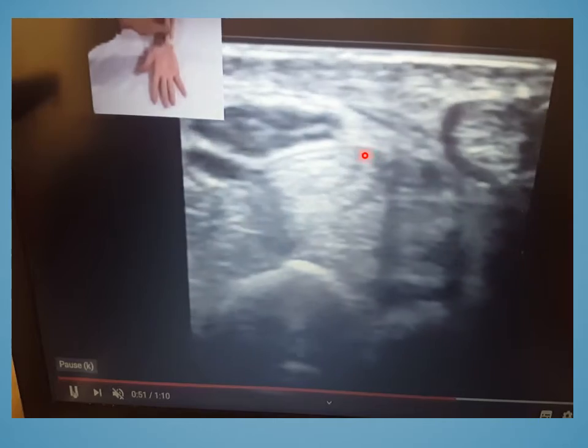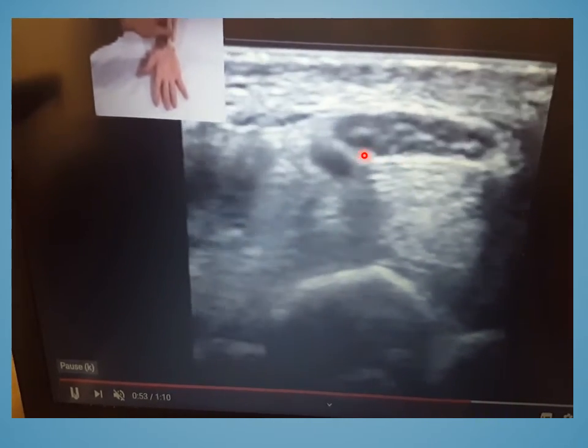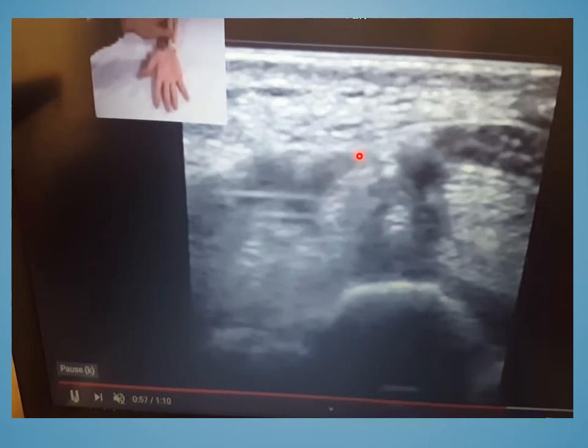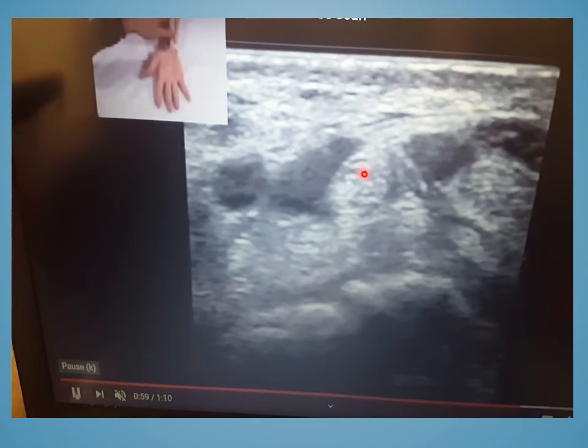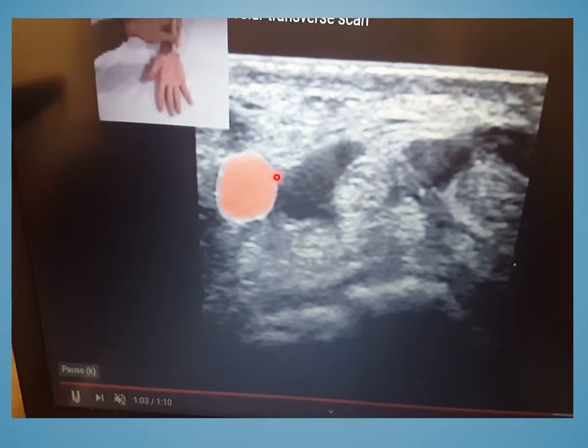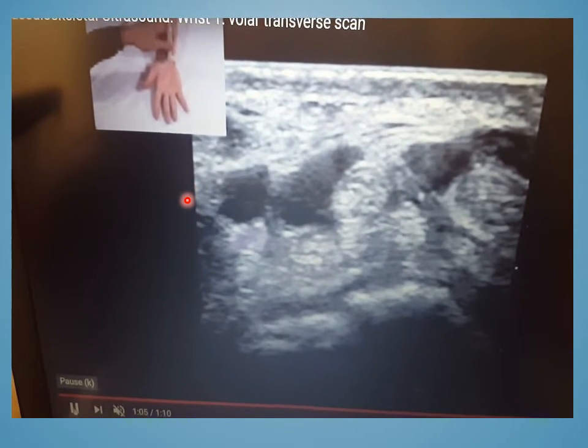Going back towards the ulnar aspect. You can see the rest of the flexor digitorum superficialis and profundus tendon, together with the ulnar artery and nerve.